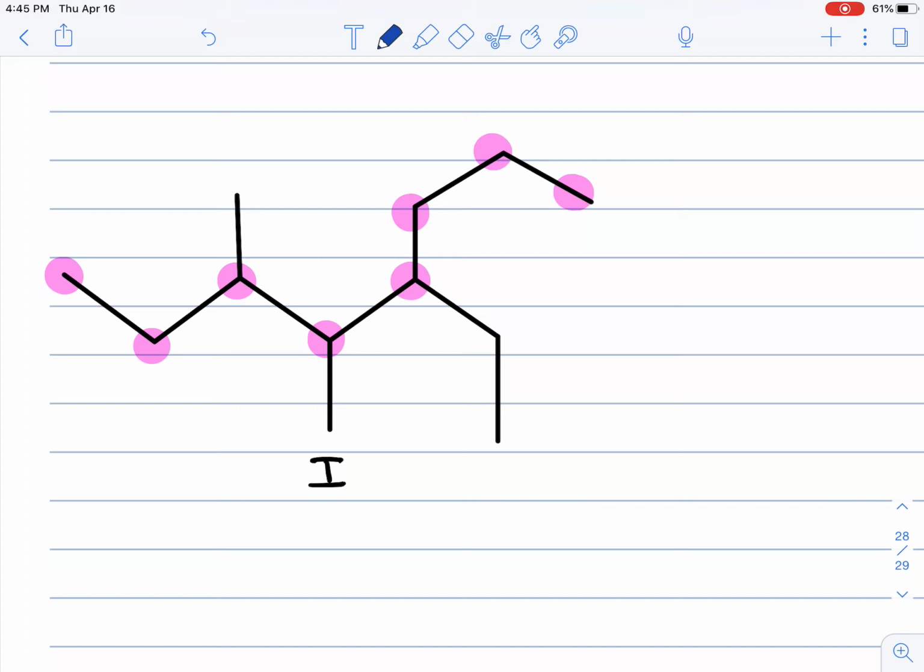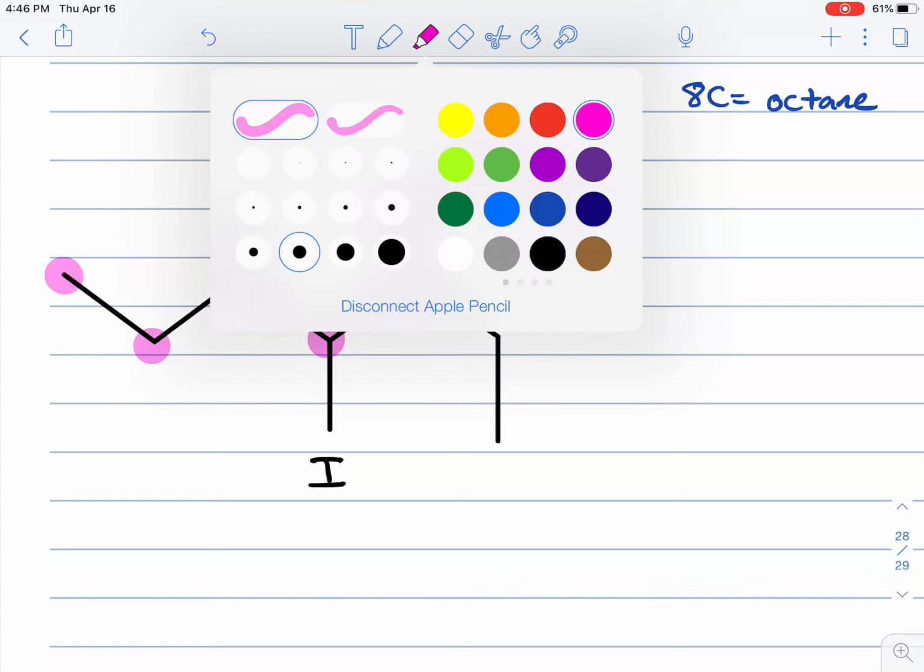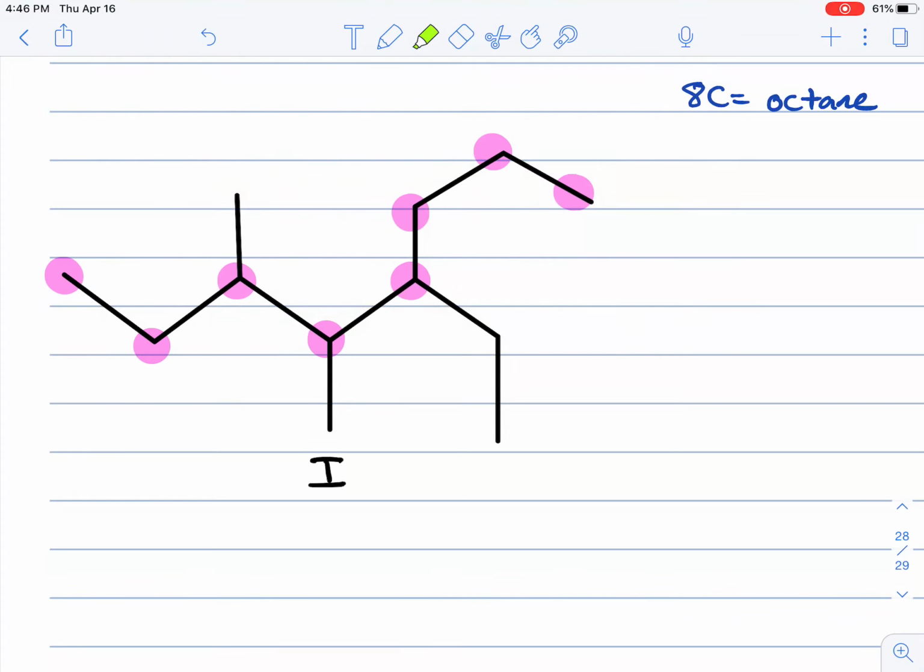And since I have 8 pink highlights to represent the 8 carbons, I know that this is going to be octane, in terms of the name of the parent chain. And so basically everything that's not highlighted in pink is going to represent the substituents.